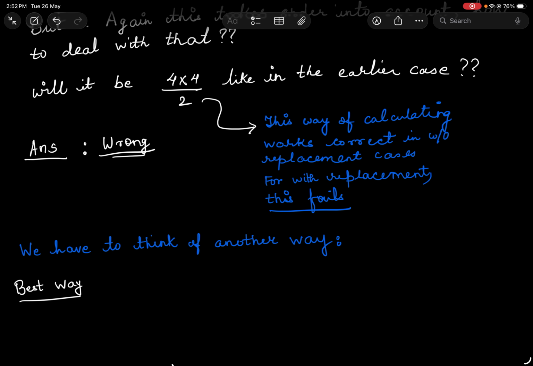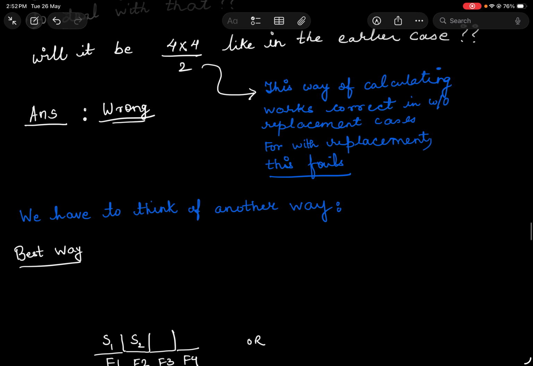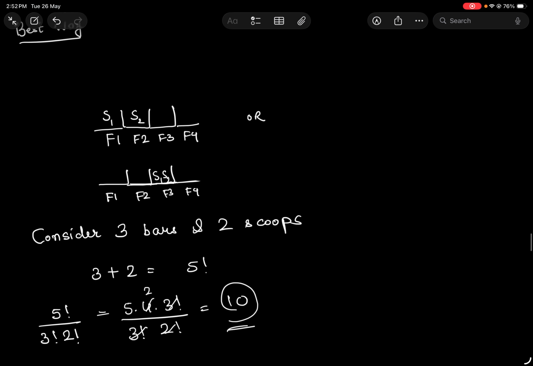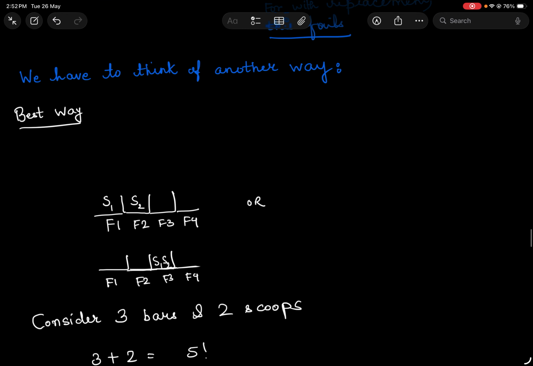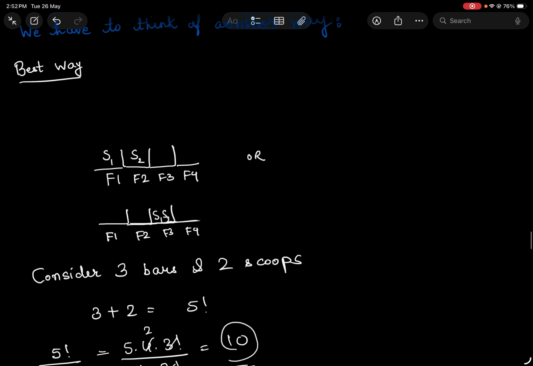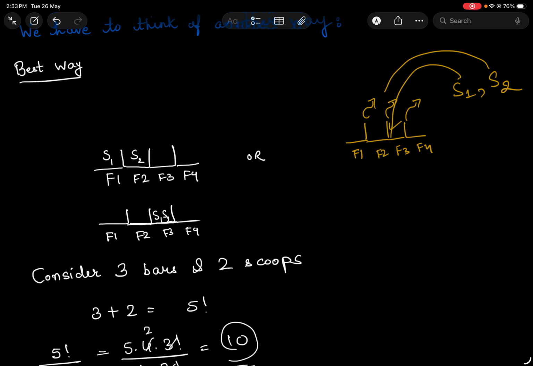You have to think of another way to solve this problem and count the total number of cases. The best way is to consider bins. This is my flavor 1, I have bins of flavors, this is flavor 2, flavor 3, and flavor 4. So you consider these sticks, and I have scoops S1 and S2, and I can put my scoops anywhere.